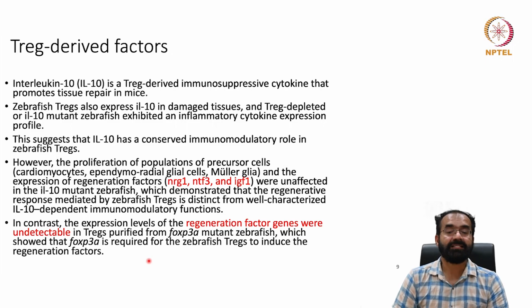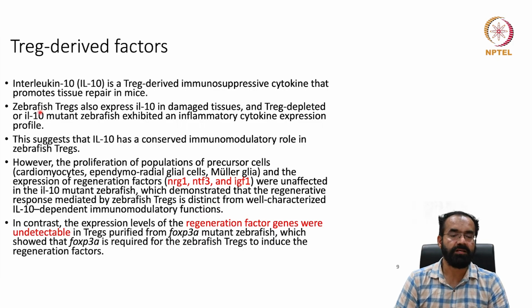So let us look at what the Treg-derived factors are. One of the major Treg-derived factors, interleukin 10, IL-10, is a Treg-derived immunosuppressive cytokine. It is also anti-inflammatory, keep in mind. A cytokine that promotes tissue repair in mice.